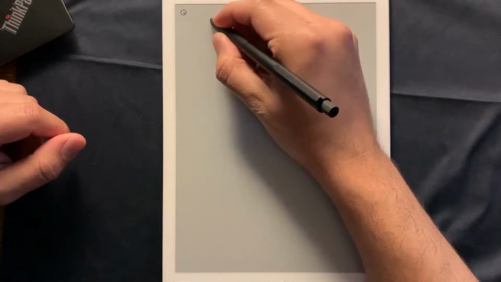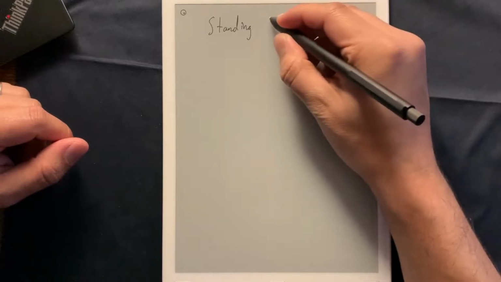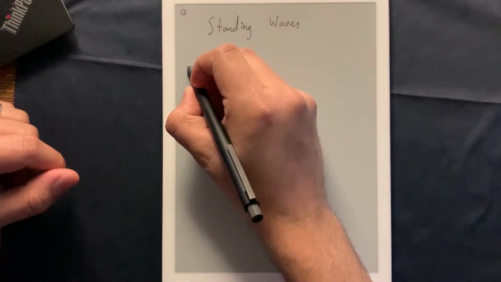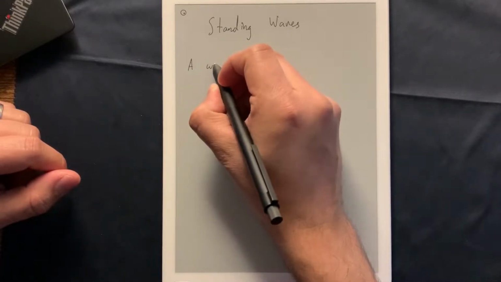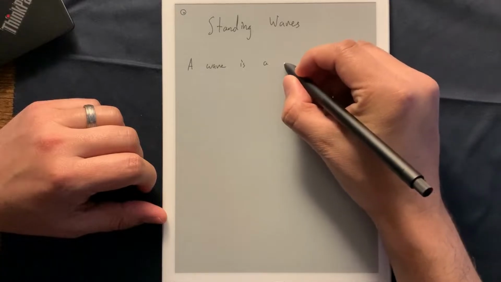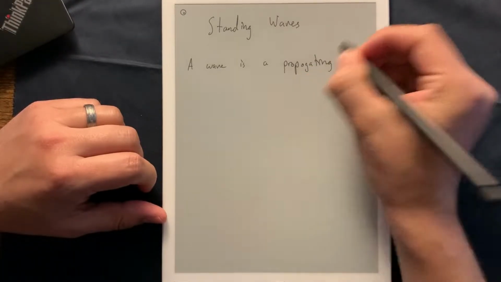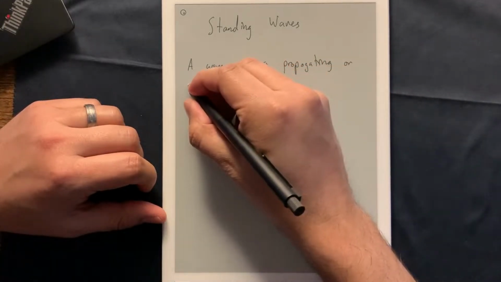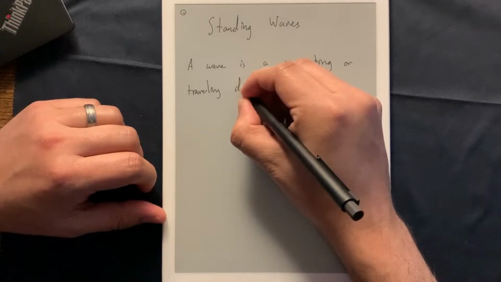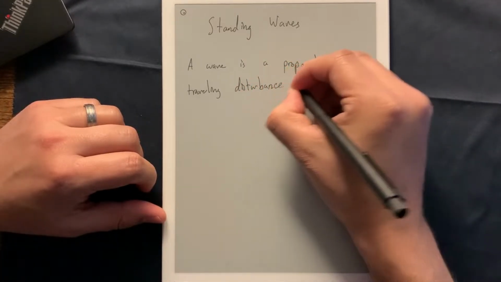So let's talk about standing waves. Let's also make sure we understand what a wave is. A wave is a propagating or traveling disturbance through a media.